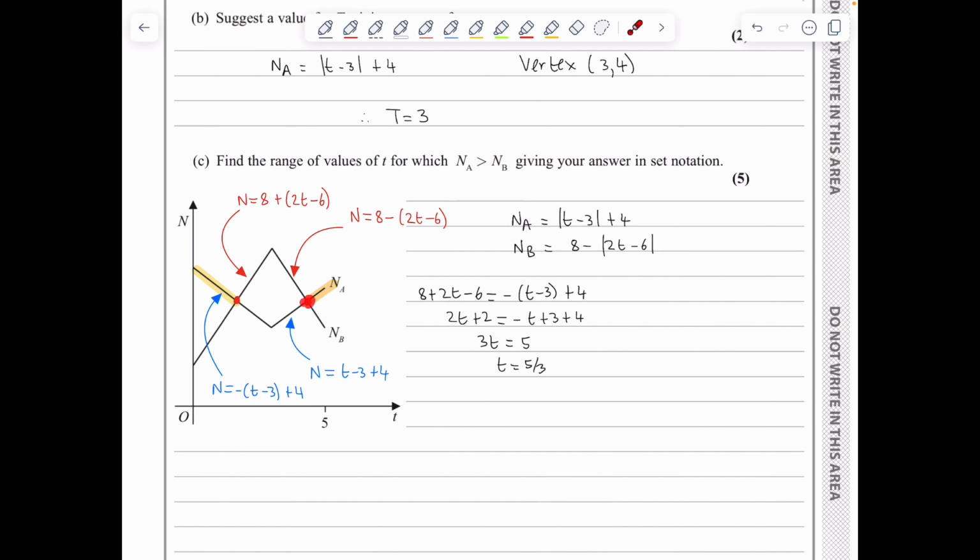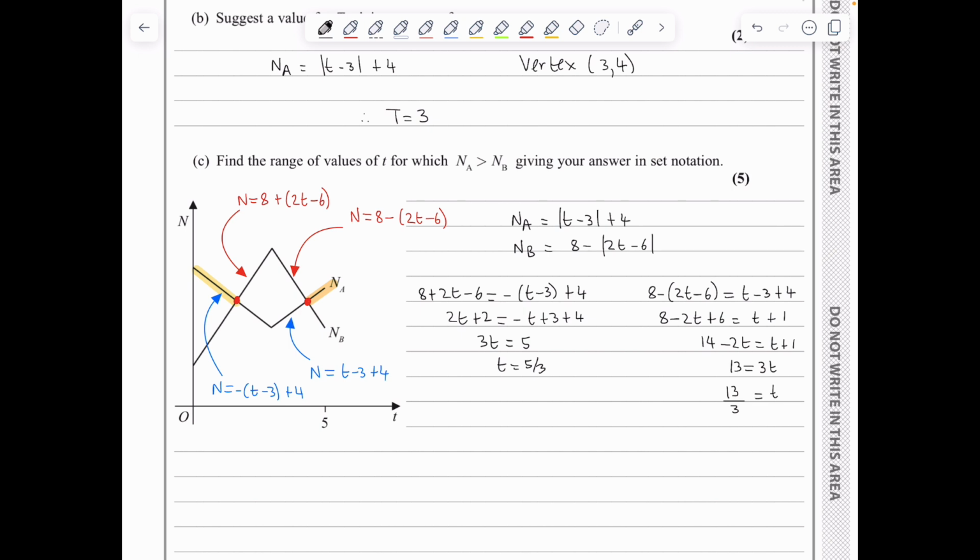Now for the other point of intersection, I will be equating the 8 minus 2T minus 6 with the T minus 3 plus 4. So I've got 8 minus brackets 2T minus 6 is equal to T minus 3 plus 4. Therefore, 8 minus 2T plus 6 is equal to T plus 1, leading to 14 minus 2T is equal to T plus 1. And therefore, 13 is equal to 3T, which means that we've got 13 over 3 for the value of T.